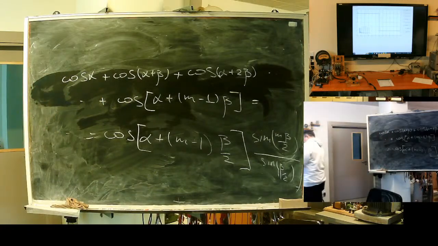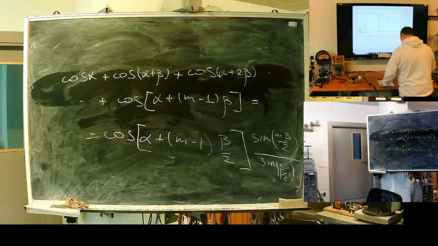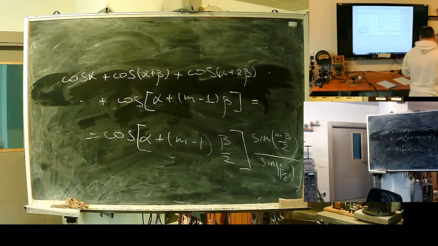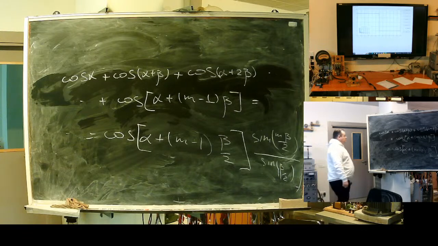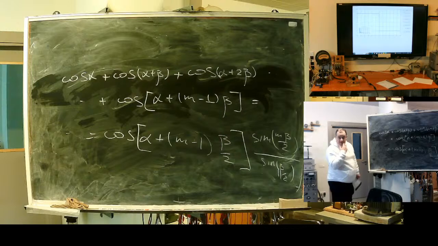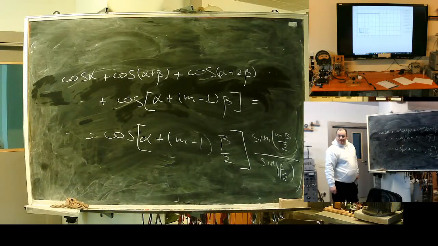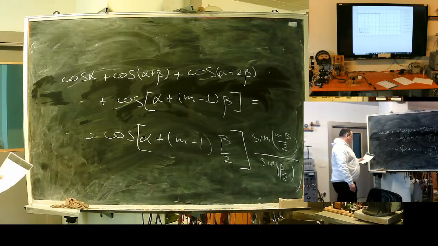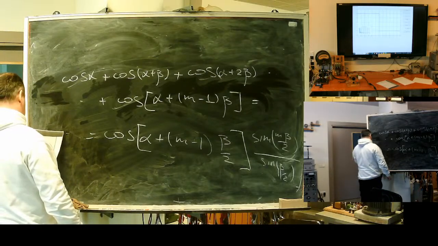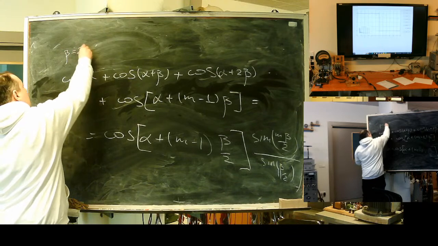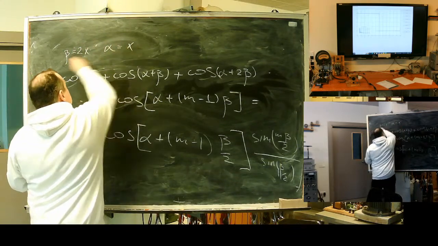Nice formula, isn't it? This formula converts a sum of cosines into a multiplication. So, assume that beta equals 2x and alpha equals x.